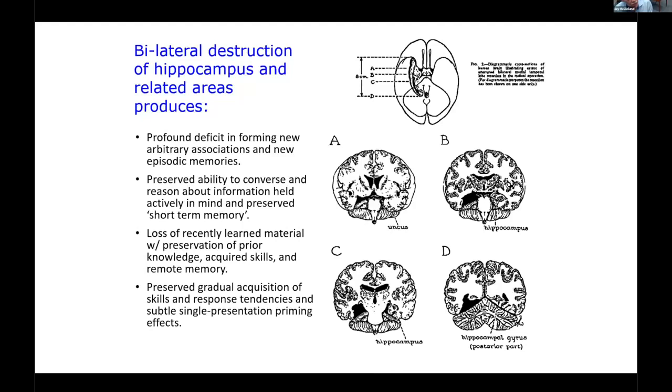So if he, for example, was shown a line drawing of an object, he would be able to recognize the object from a smaller number of fragments of that same line drawing if he was shown that line drawing again than he would have been if he had never seen it before. And Milner, in her early papers, documented these findings about HM repeatedly and very clearly.